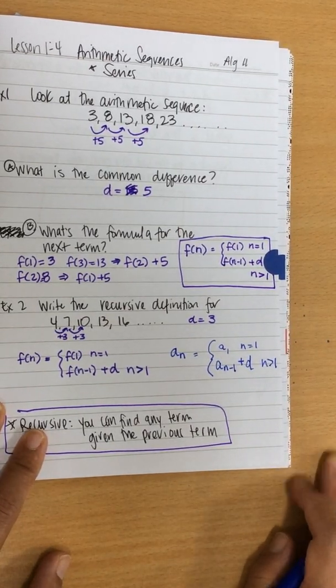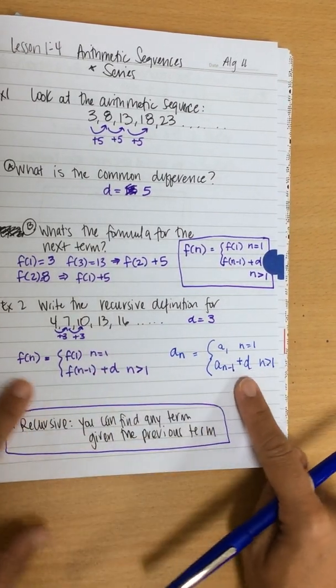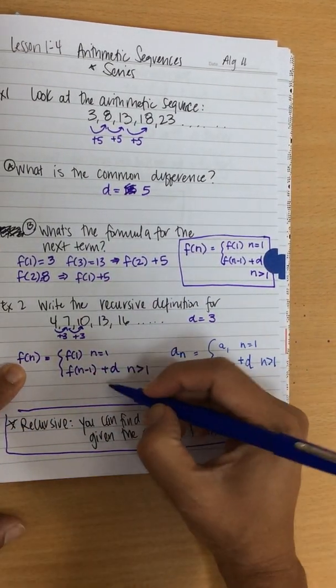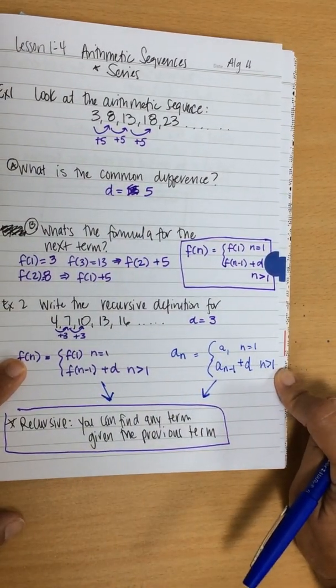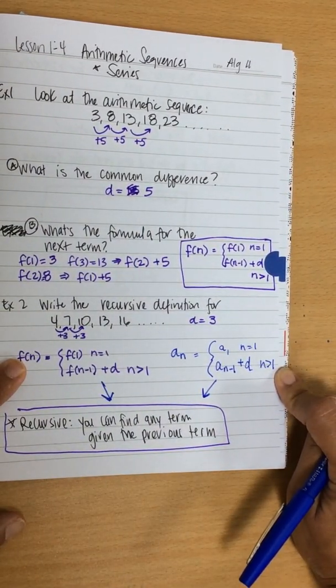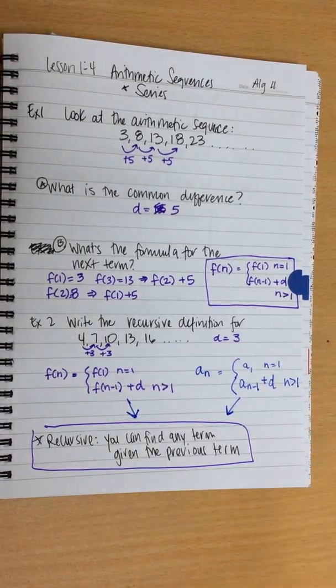So this is subscript notation, where this is our function notation. So these two things are the recursive definitions for an arithmetic sequence. It's going to be the same no matter what, which hopefully makes sense. If you know the last term, you can find the next one by adding the common difference to it. Okay? So that's one thing you're going to have to do.